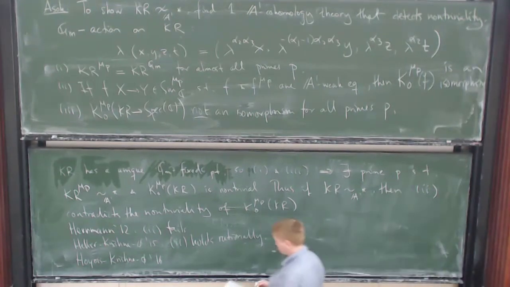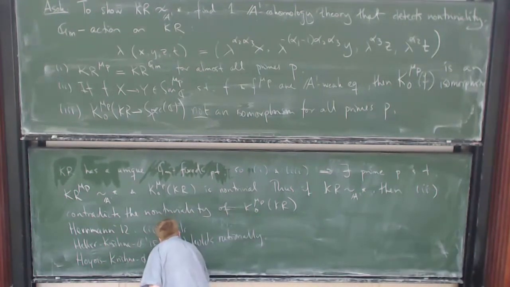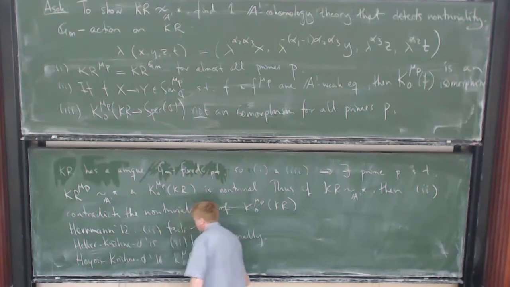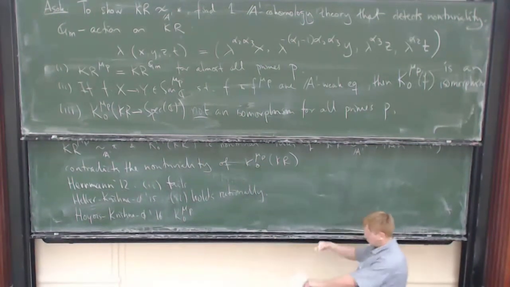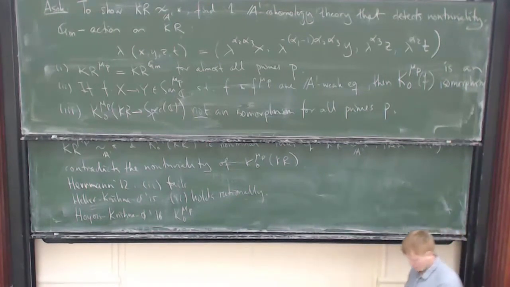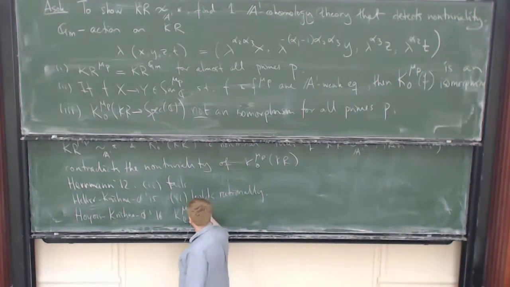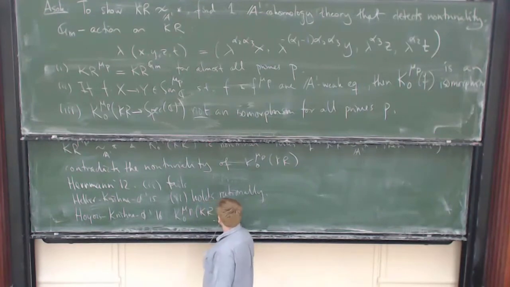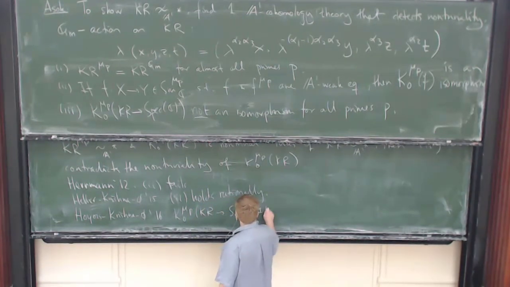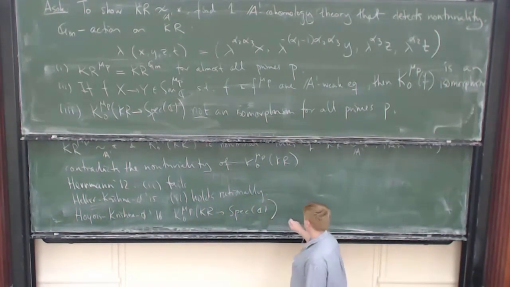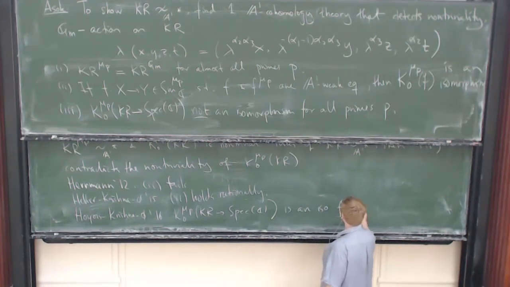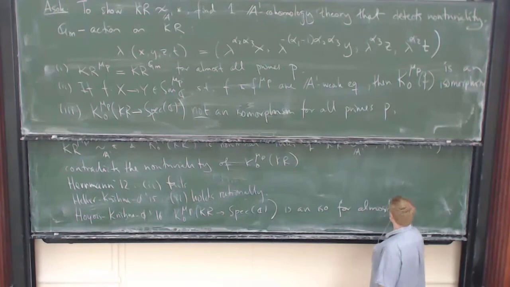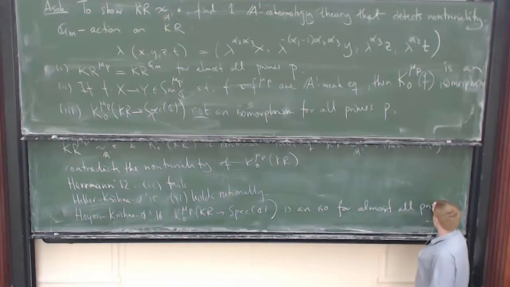What we proved is that on mu p equivariant K naught, the map from Kr to Spec C is an isomorphism for almost all primes p.